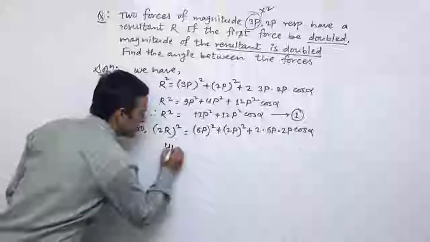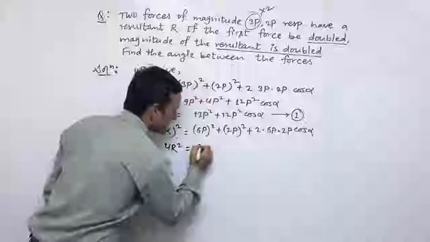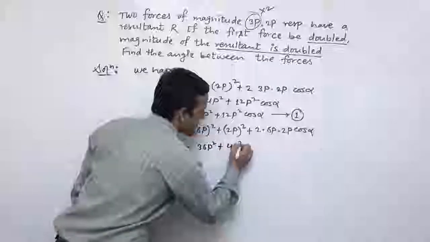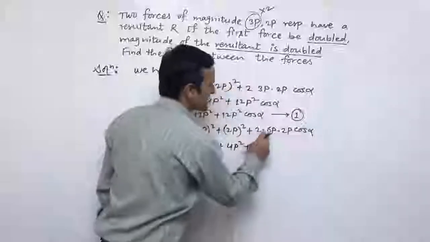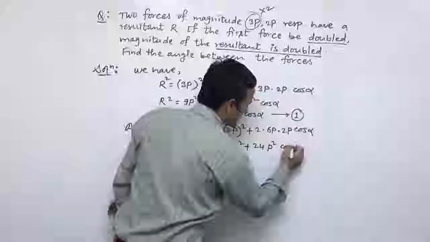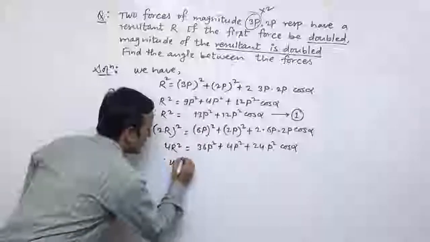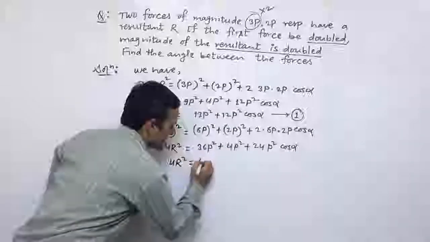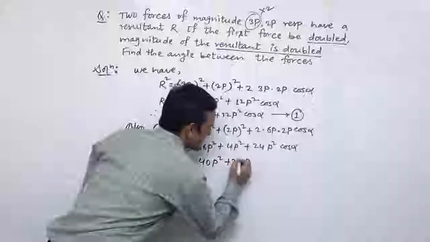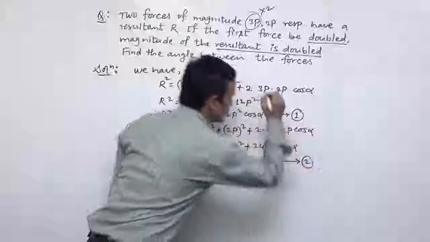So after substituting, making the square and removing this square bracket, we get 36p square, 4p square, 2 sixes are 12, twice is 24p square cos alpha. So now we can add: 4R square is equal to 36 and 4, that is 40p square plus 24p square cos alpha, equation 2.